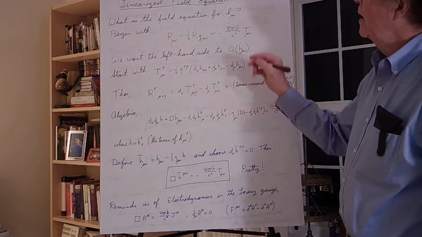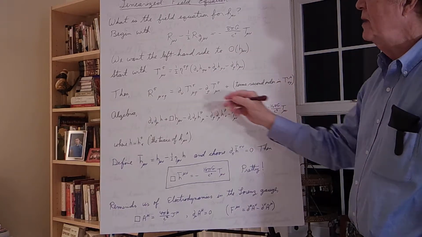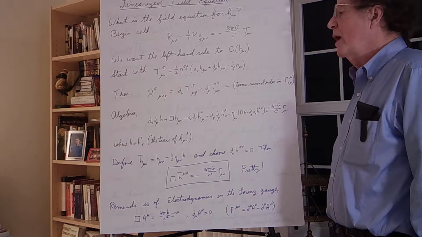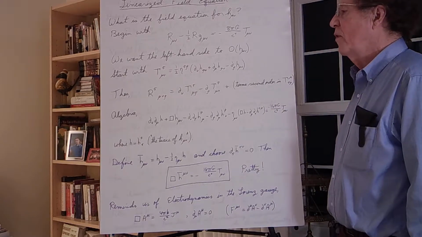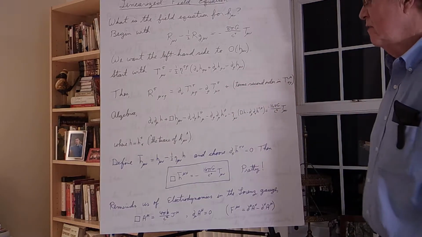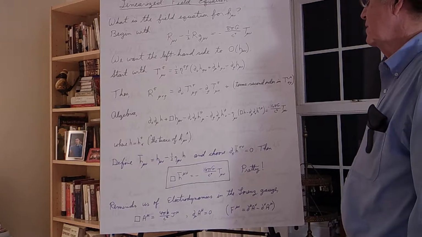Now I need to get to the Einstein field equations. I need the Riemann curvature tensor for all four indices, and I have the formula for that in terms of the gradients of the Christoffel symbols plus products of the Christoffel symbols.